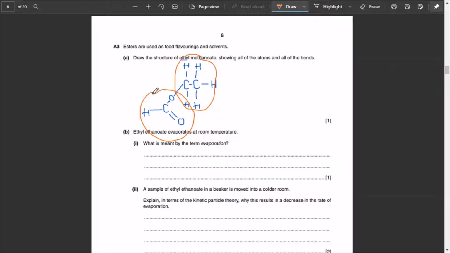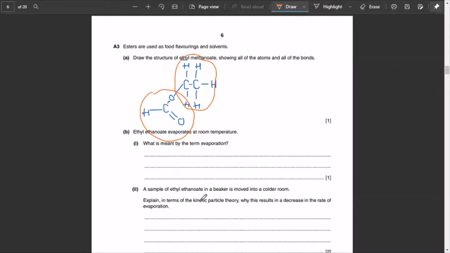Moving on to part 2, a sample of ethyl ethanoate in a beaker is moved into a colder room. Explain in terms of kinetic particle theory why this results in a decrease in the rate of evaporation. Well, it is because molecules have less energy.